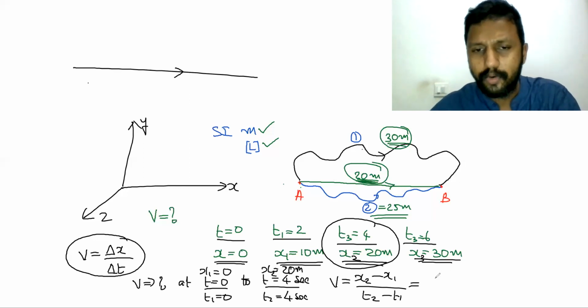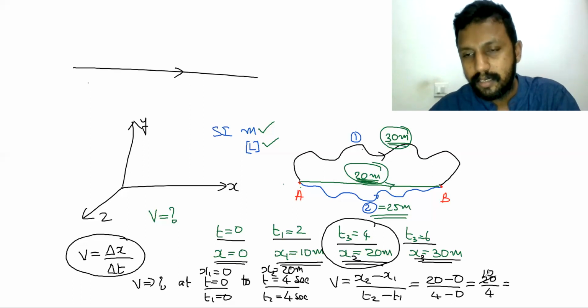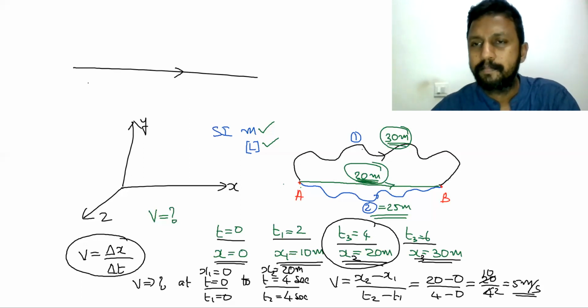Therefore it will be 20 minus 0 divided by 4 minus 0, that is 20 by 4, which is equal to 10 by 2, that is 5 meter per second. Therefore 5 meter per second is the velocity.